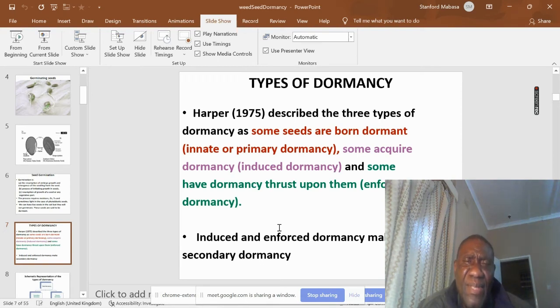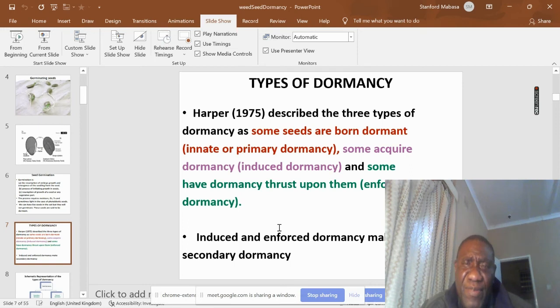Then some seeds may acquire dormancy after the release from the plant, whilst they are in the field or in the soil. This is known as induced dormancy. Then some seeds may have dormancy which is forced upon them by certain conditions. This is known as enforced dormancy.